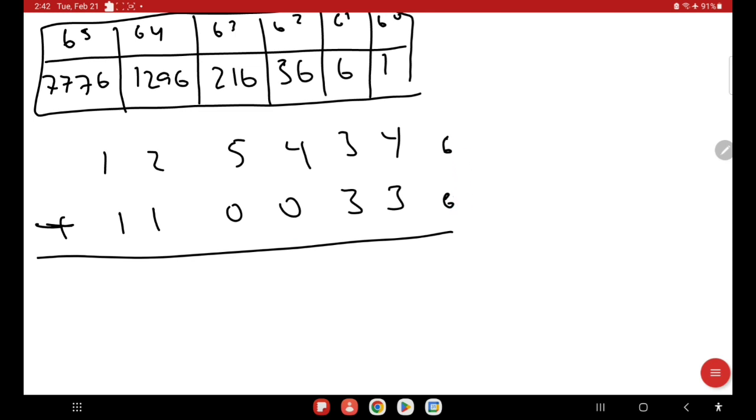So this here is indicating that I have 7,776. I have 1,296. I have 216. I have 36, 36, and 4 ones.